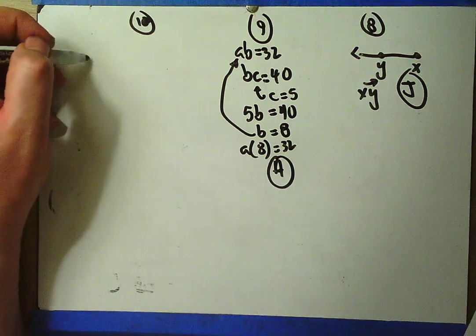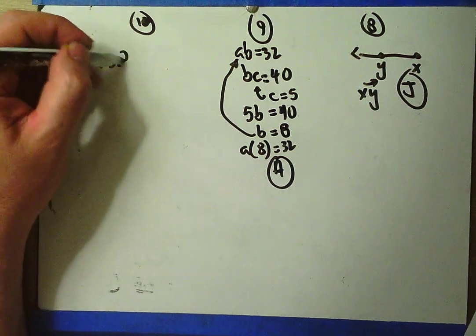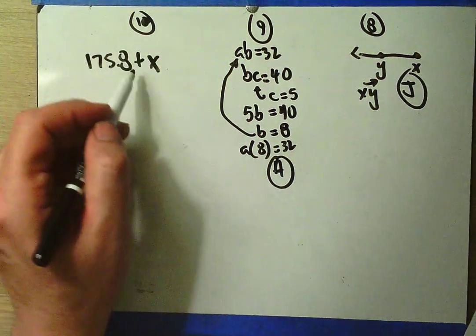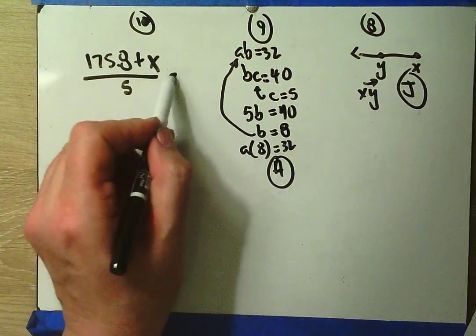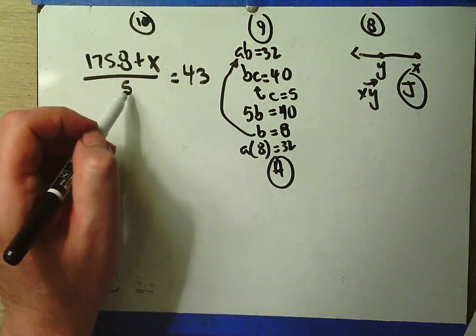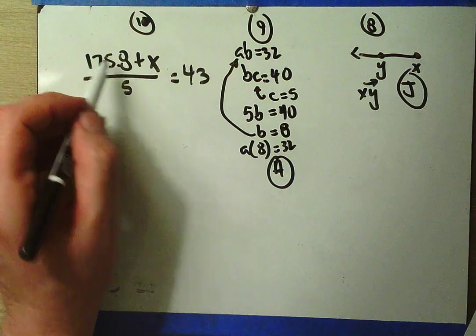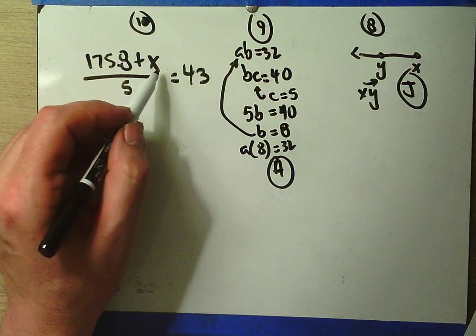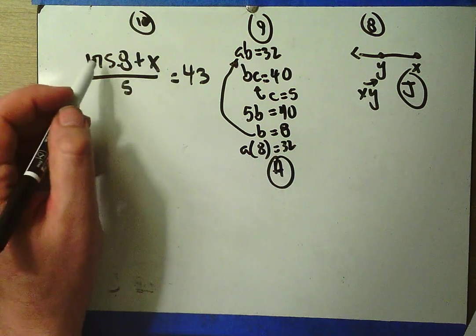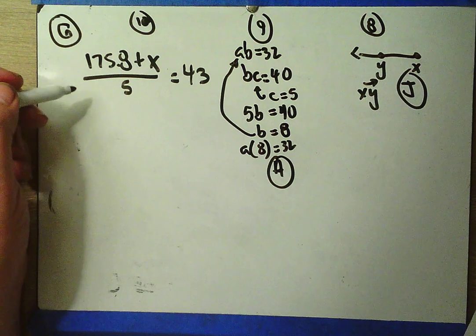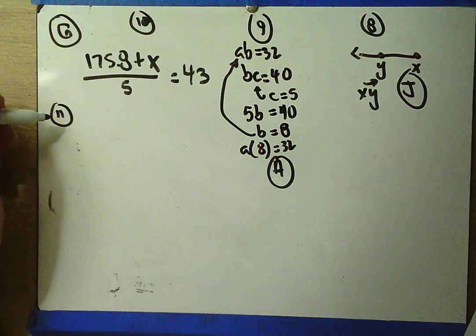So we're saying the total amount of time, that's for the first 4, plus the 5th lap, divided by 5 laps, should be 43. Now, we could multiply both sides by 5 and subtract this to find out how much time, but when we look at the choices, we're just asked for the correct setup, and I see our correct setup for G. G is our answer for 10. How about 11?